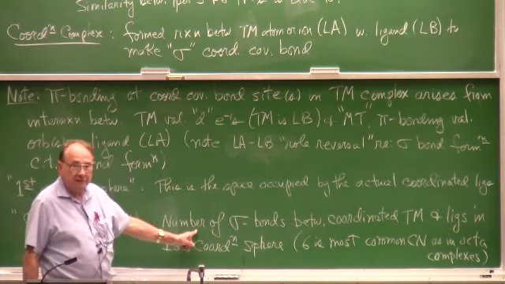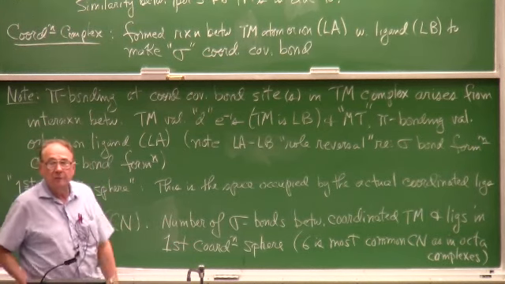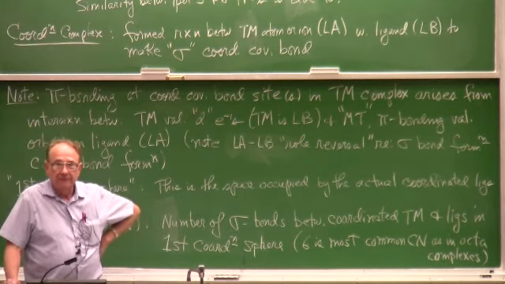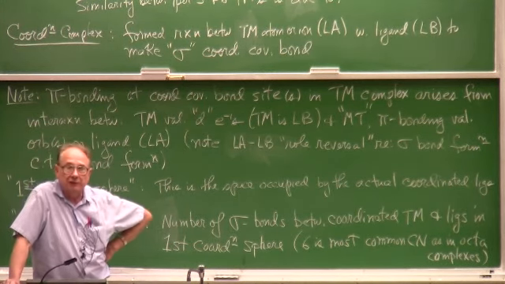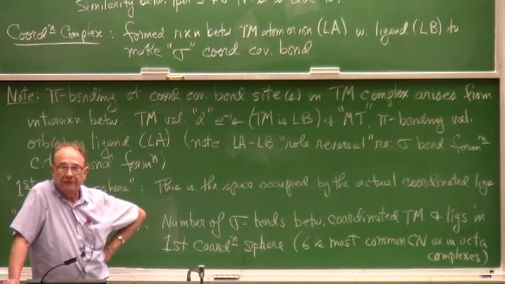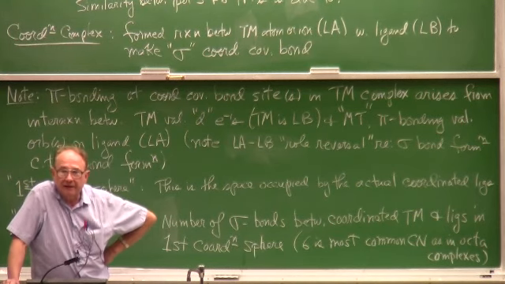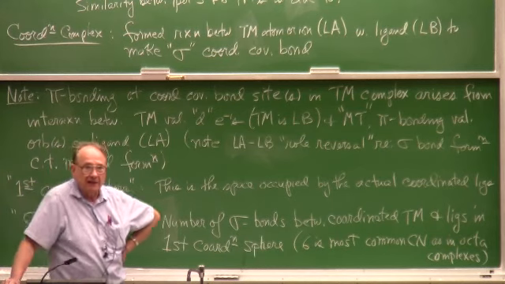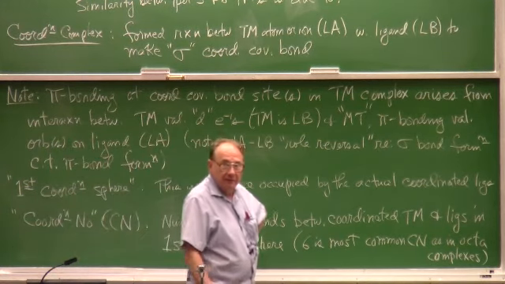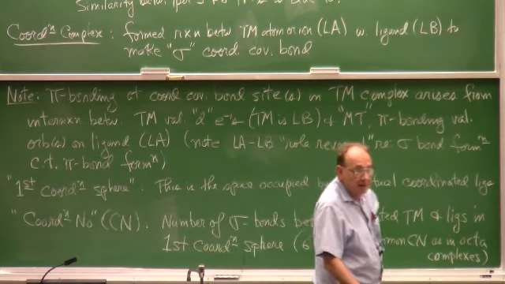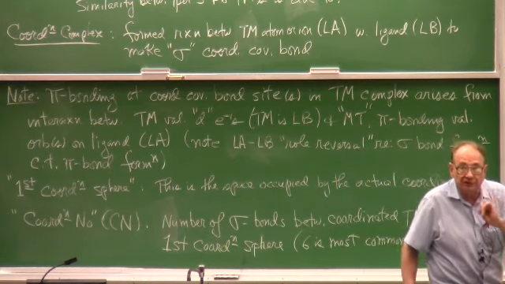Now, don't take coordination number to mean the number of ligands itself. Because in just a moment we're going to start to talk about ligands and their nature in a more detailed fashion and recognize that certain ligands have the capacity per ligand to make more than one sigma bond.